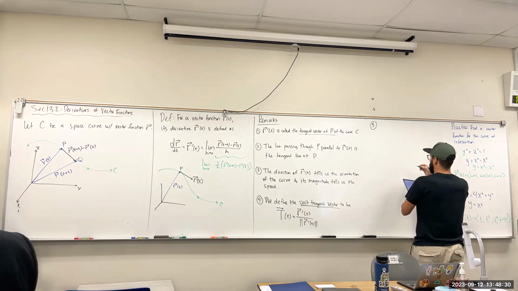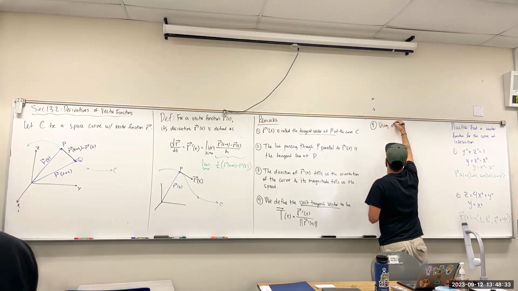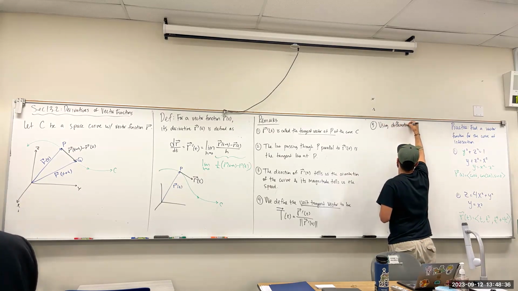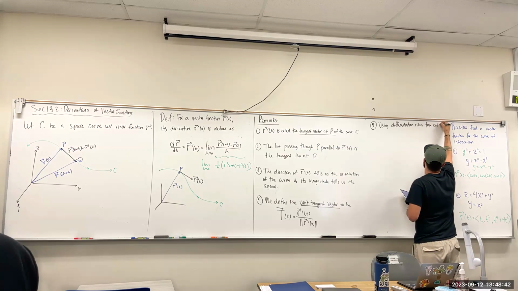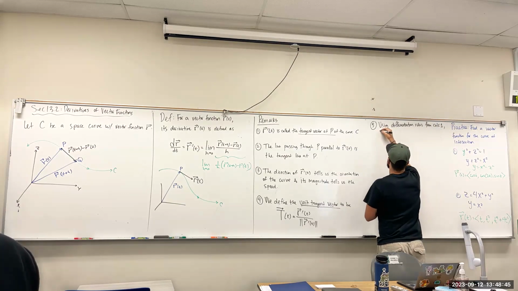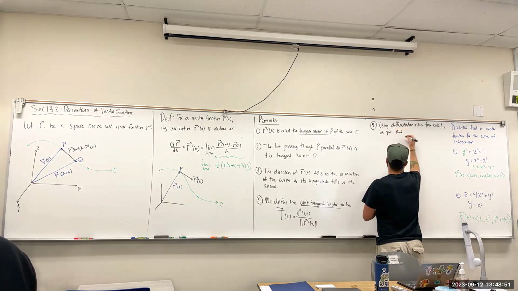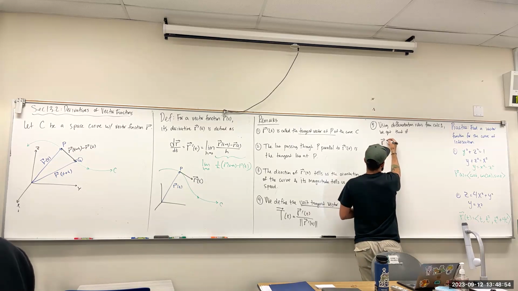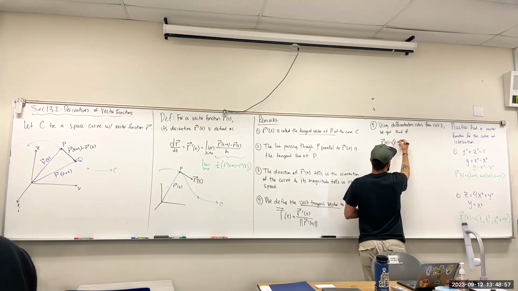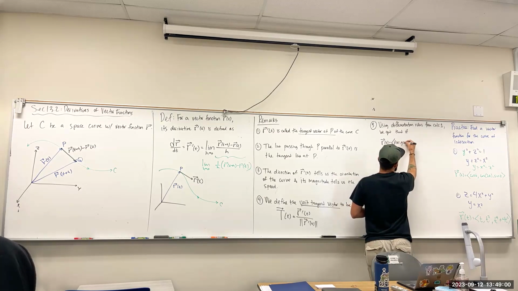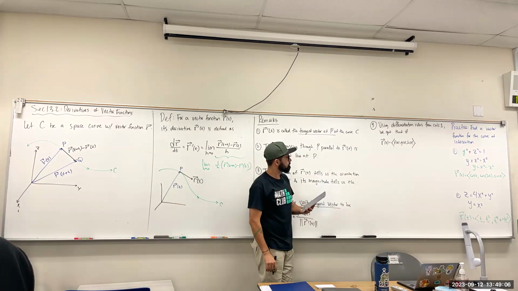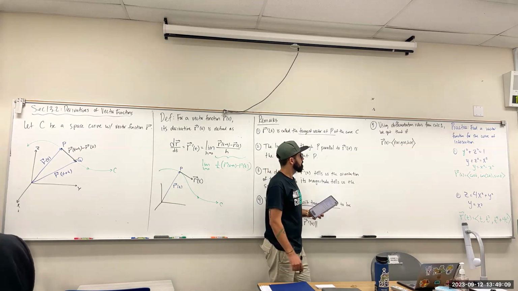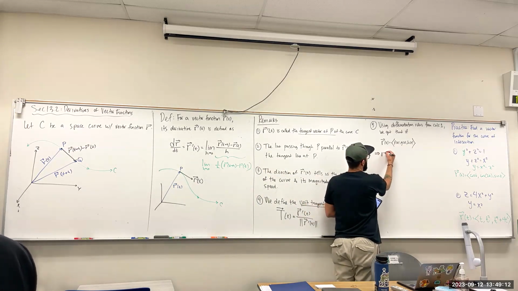Okay, so using differentiation rules from Calc 1, we get that if r of t is parameterized by f of t, g of t, and h of t, then how do you think we're going to find the derivative of it?